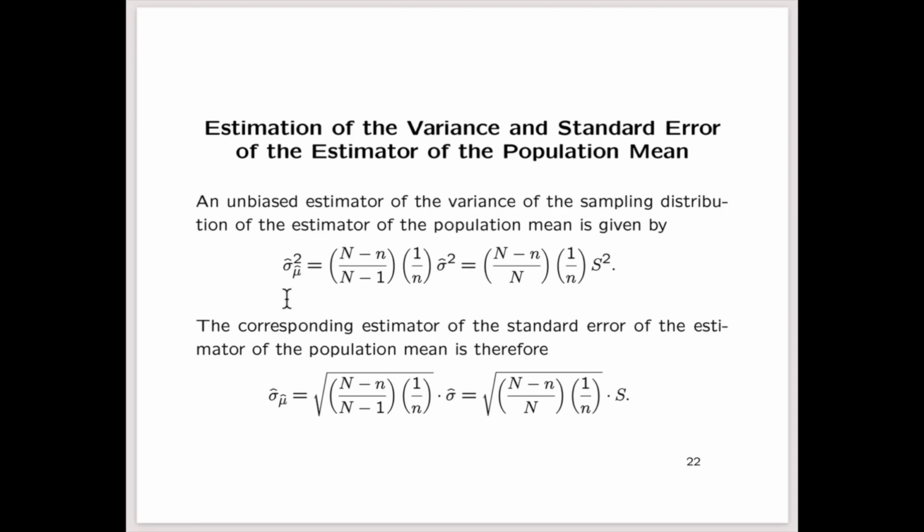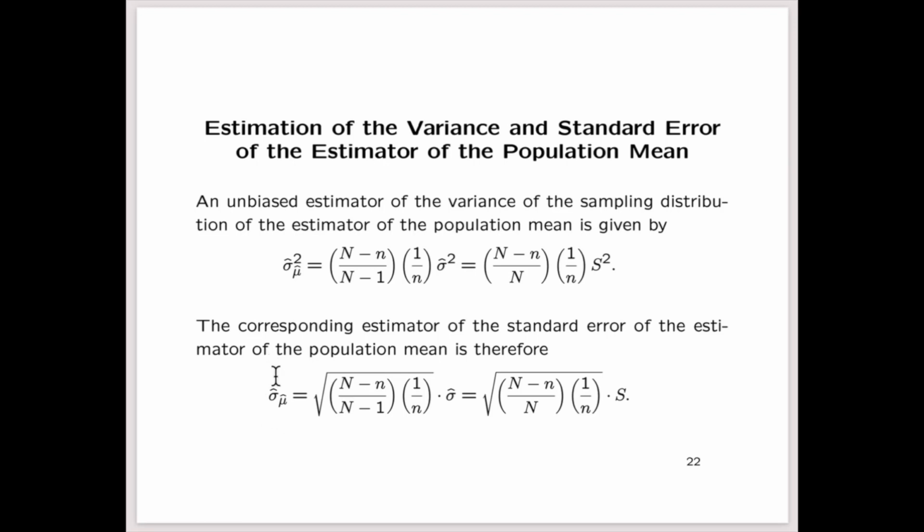Now, once we have our unbiased estimator of the variance of the sampling distribution of mu hat, we can take the square root of that value to get the corresponding estimator of the standard error of the estimator of the population mean. We'll denote that estimator by sigma hat sub mu hat.